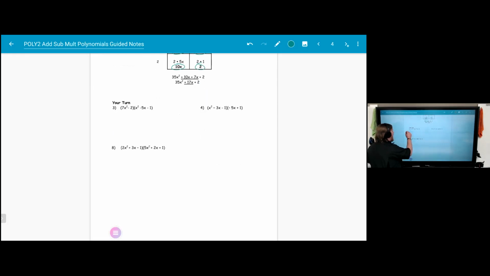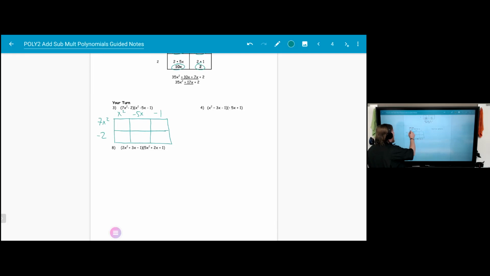I have two terms. I have 7x squared minus 2. On the top, I would have x squared minus 5x minus 1. I'm going to create a box that has 2 rows and 3 columns.